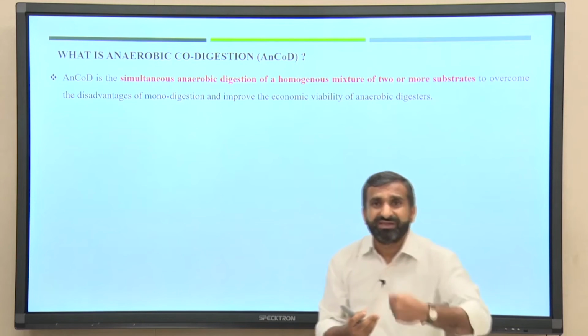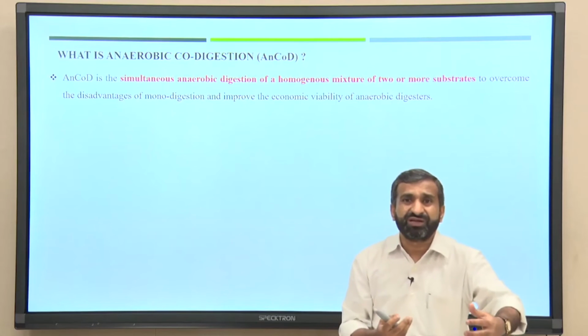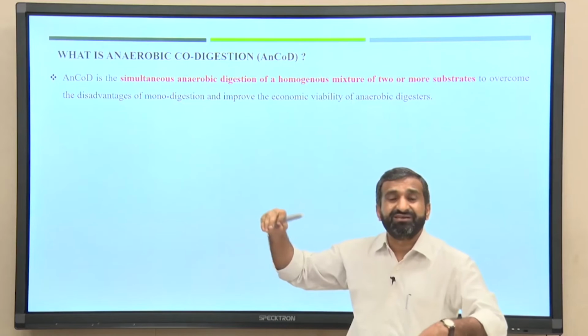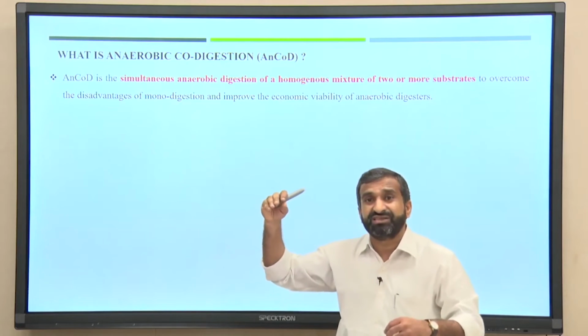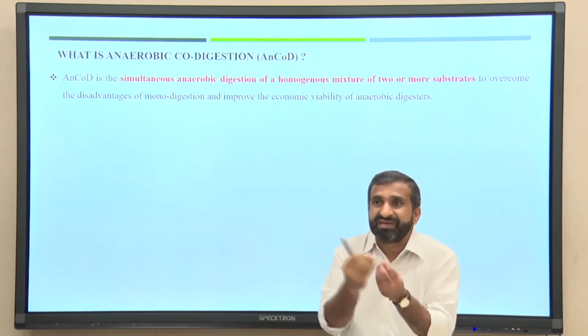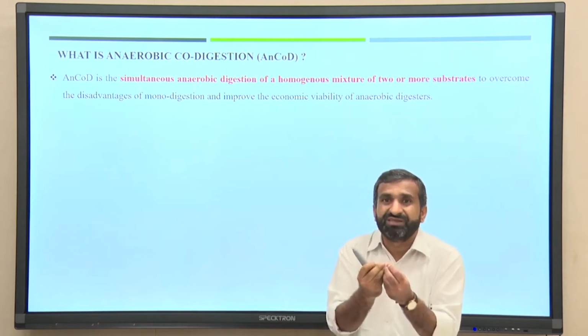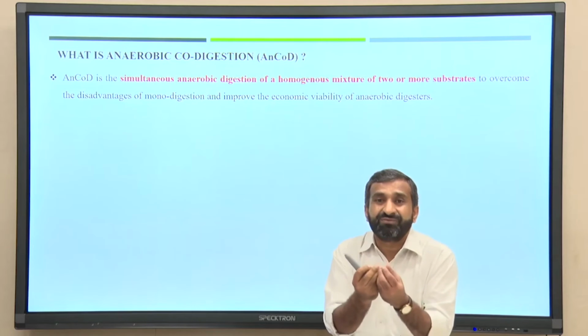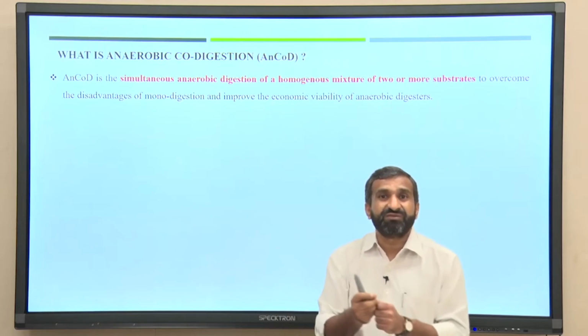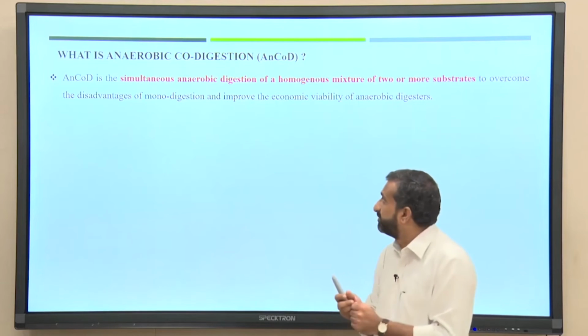Suppose the food waste is lower in carbon to nitrogen ratio, and the agriculture waste, which has more lignocellulose concentration, also has more carbon to nitrogen ratio. So, by mixing these two different substrates, we can optimize the carbon to nitrogen ratio. That will be more beneficial for biogas production.